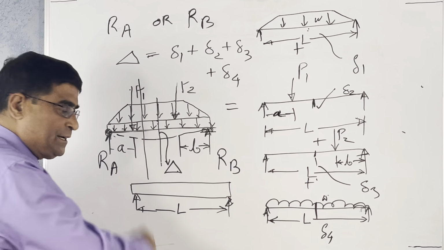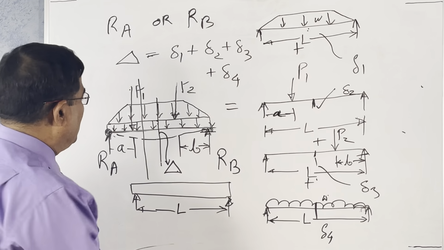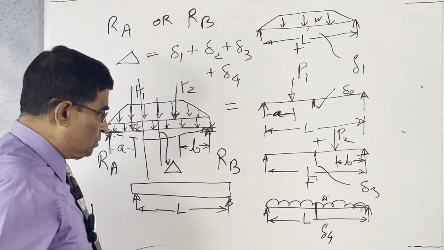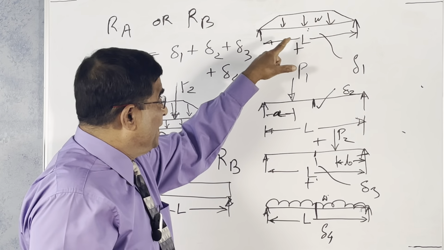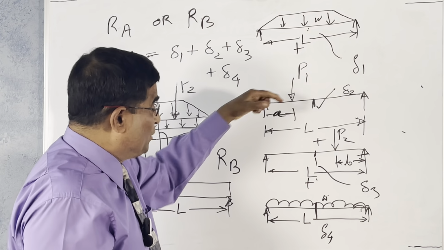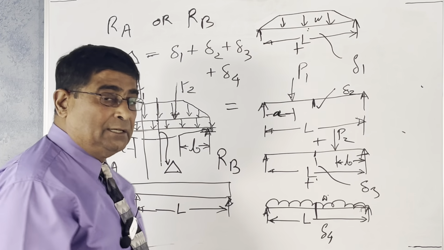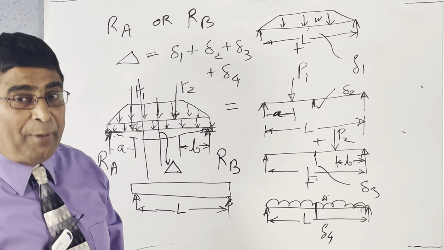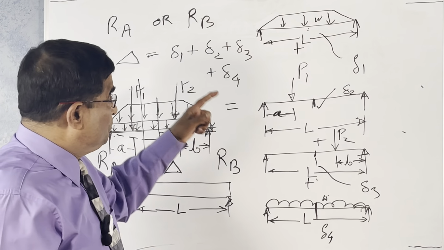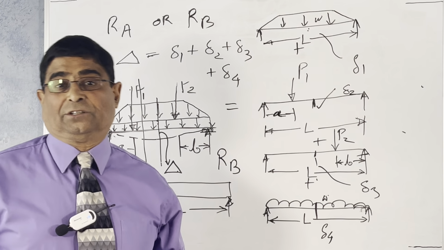Or you can find the moment also. Moment is the same. If you separately find the moment or shear force, you can add up and you will find the shear and moment there. That is the advantage of the principle of superposition.